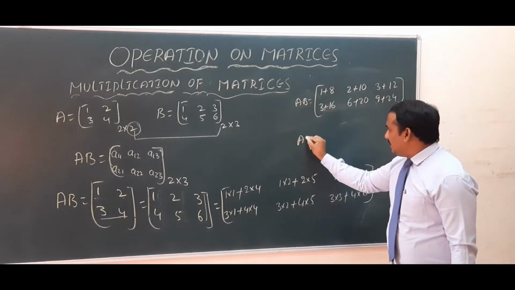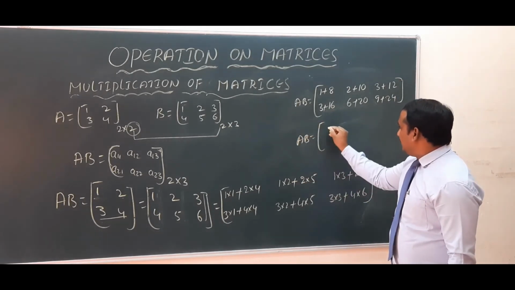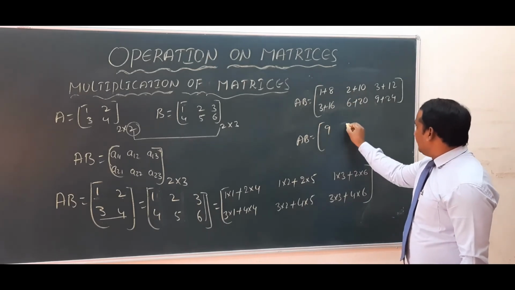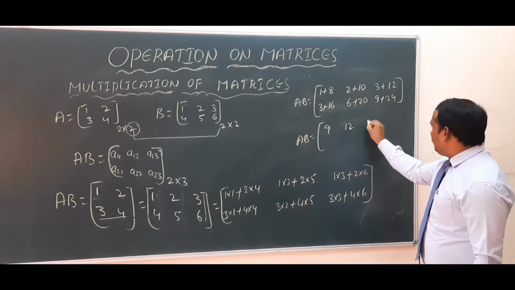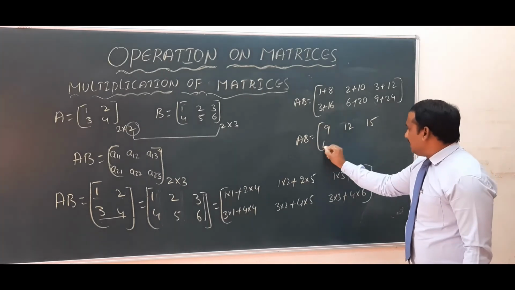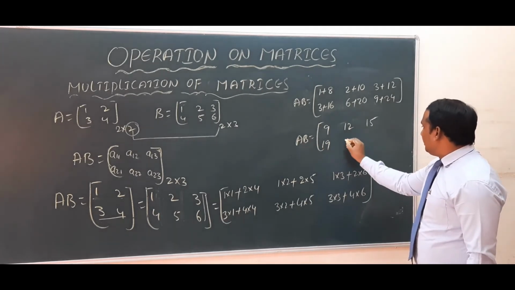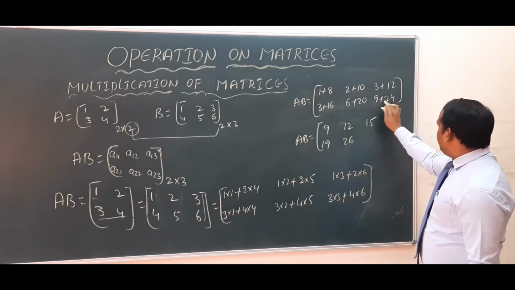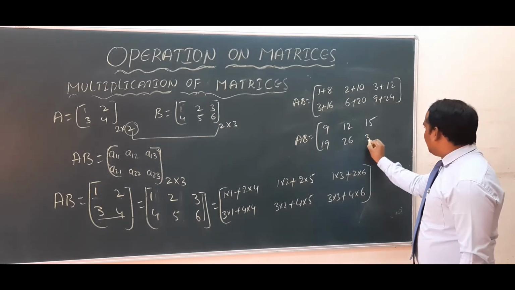Now AB equal to here 8 plus 1 is 9, 2 plus 10 is 12, 3 plus 12 is 15, 3 plus 16 is 19, 6 plus 20 is 26, here 9 plus 24 is 33.